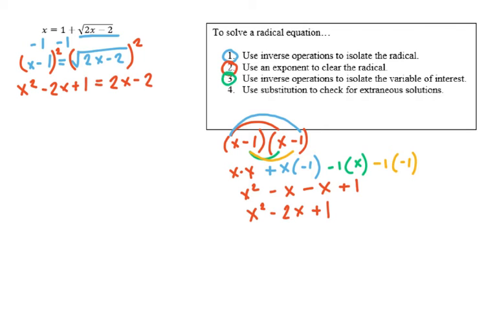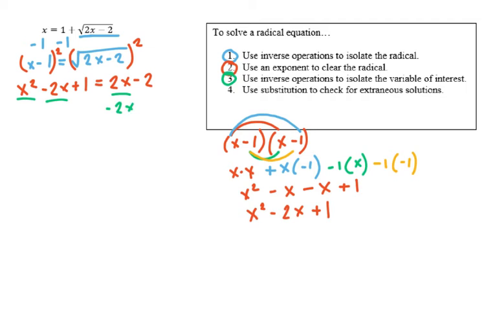Step number 3 tells us to use inverse operations to isolate our variable of interest. Because we have x squared and we have negative 2x on one side of our equation, and we have 2x on the other side, we want to get all of our terms on one side of our equation so we can set it equal to 0.